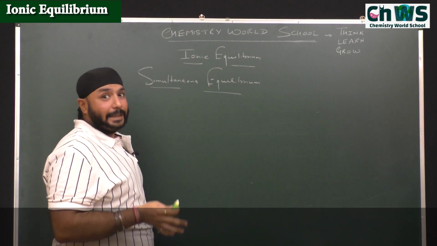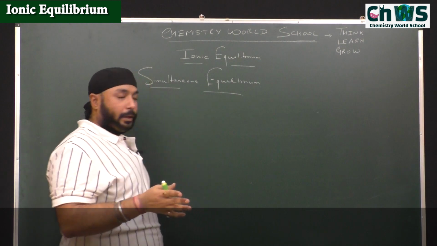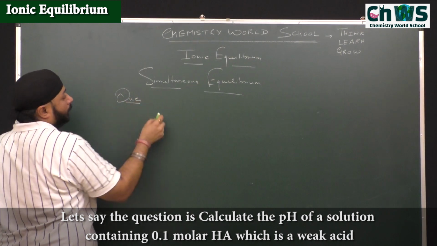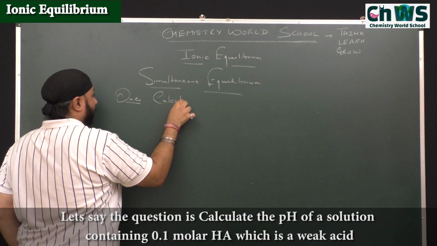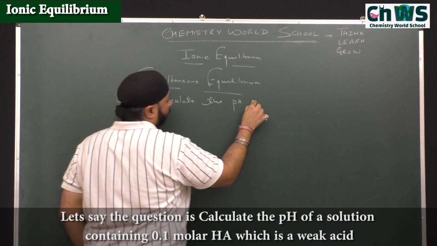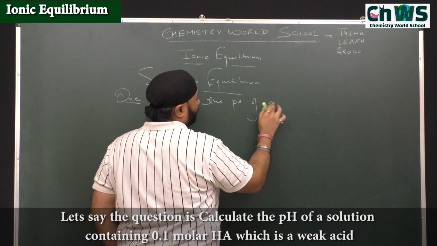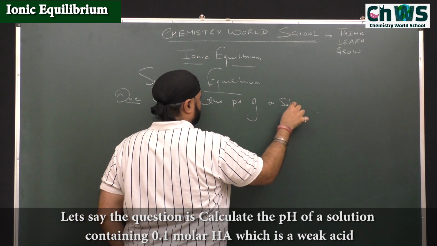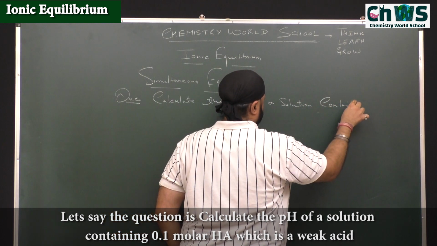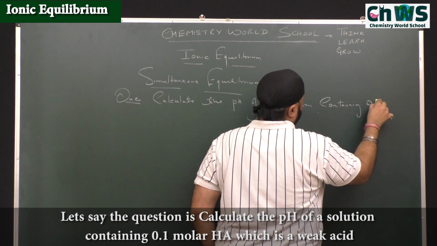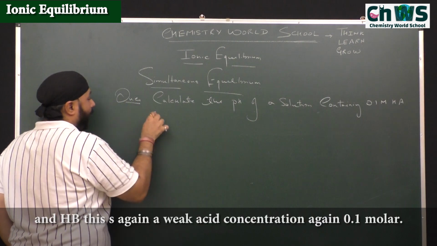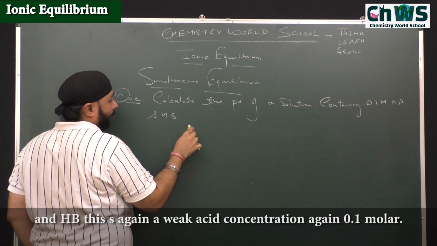Now we will understand simultaneous equilibrium with the help of a particular question. Let's say the question is: calculate the pH of a solution containing 0.1 molar HA, which is a weak acid, and HB, which is again a weak acid.